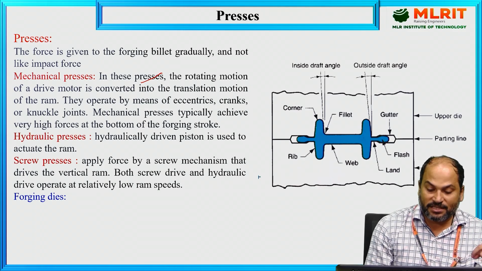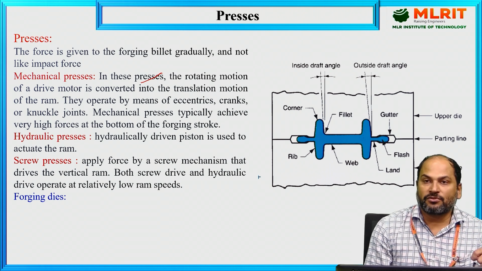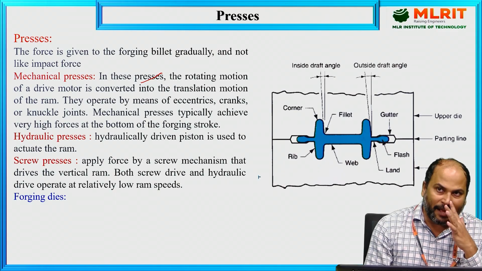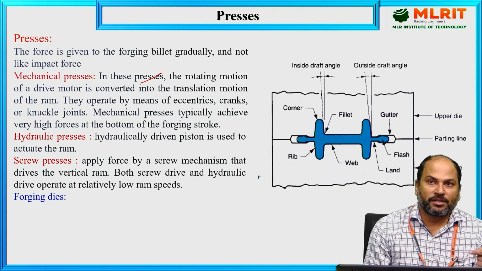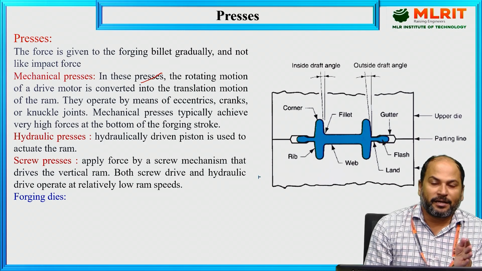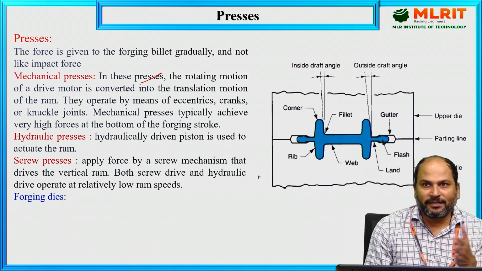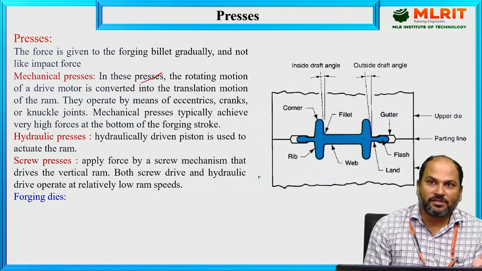Mechanical presses typically achieve very high forces at the bottom of the forging stroke. So there is a conversion of motion: whatever rotational motion is there will be converted into translational motion, and then it will be applied to change the shape, size or dimension of the specimen.